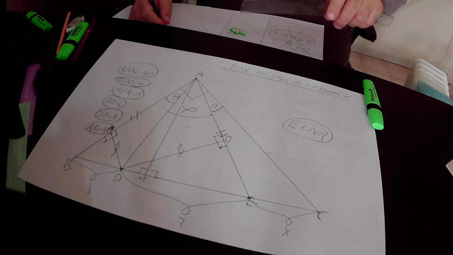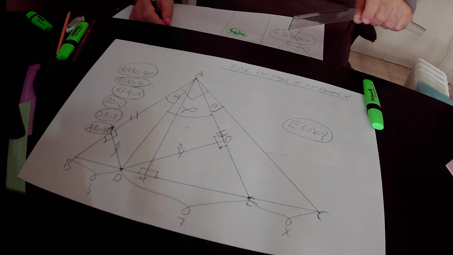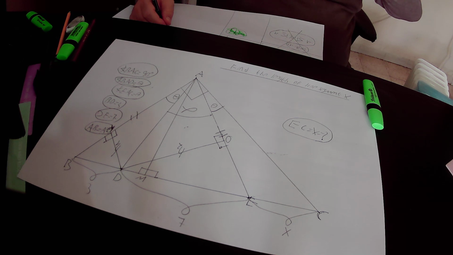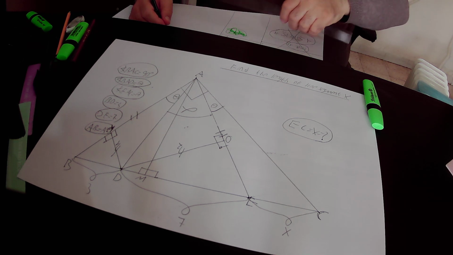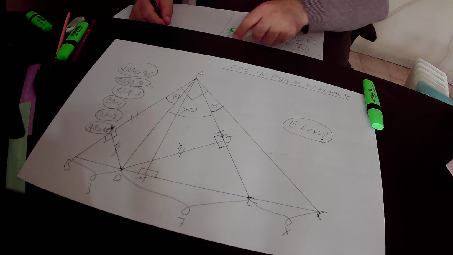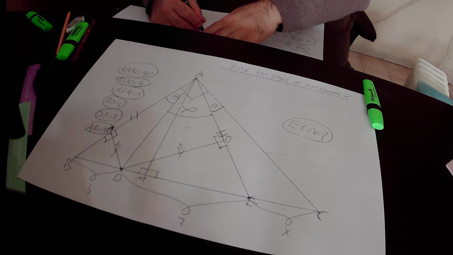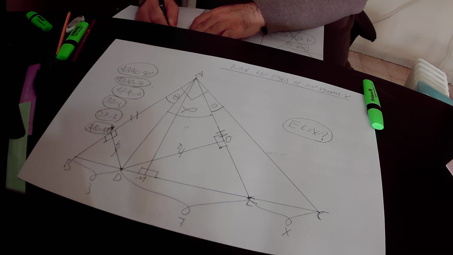So I will copy triangle BAM and triangle BAE in one page and a new page, and we prove that they can go into each other.